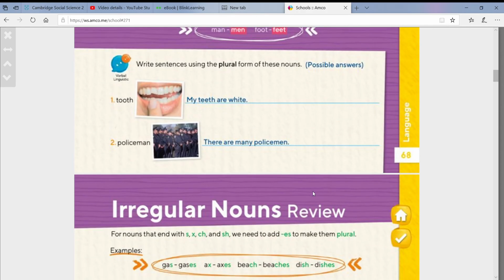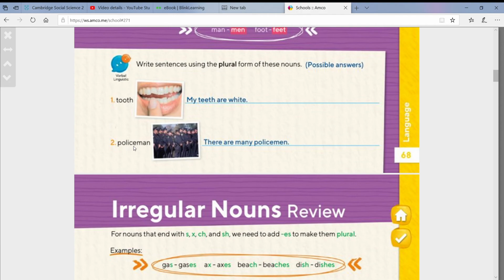Now, let's have a look. Number 1, tooth. My teeth are white. For example, again, the most important thing is that you have written teeth in plural. So if you have a phrase and you've written teeth, T-E-E-T-H, this is good. So give yourself a tick.